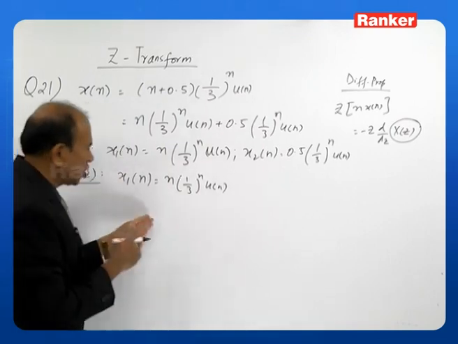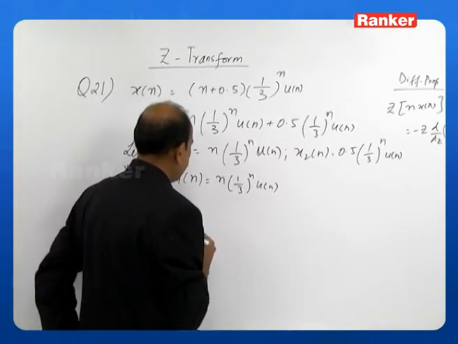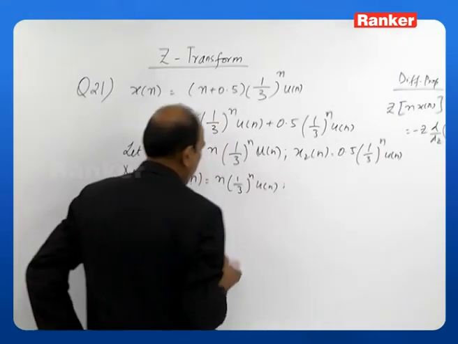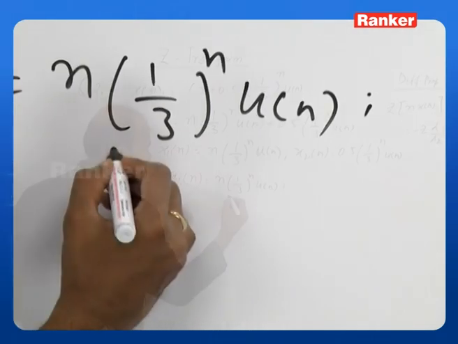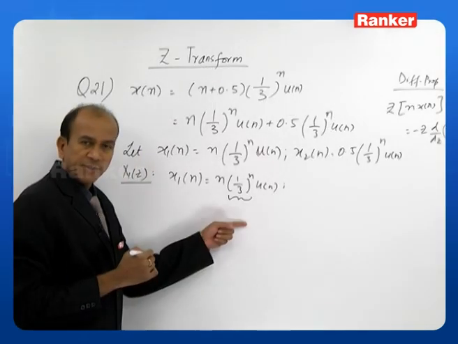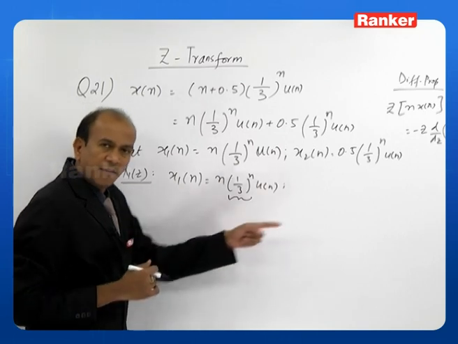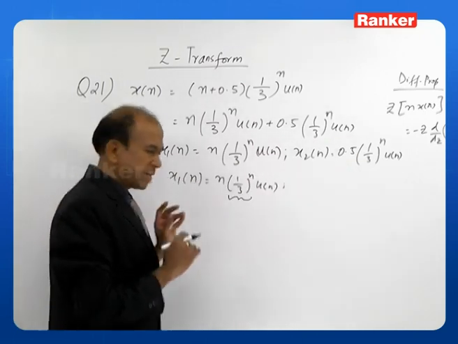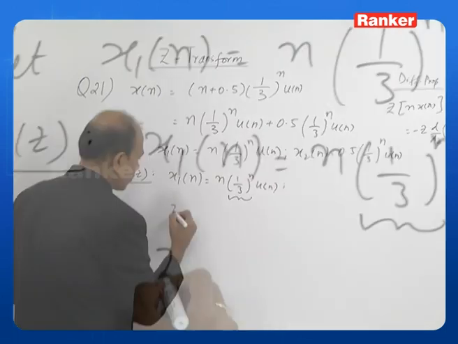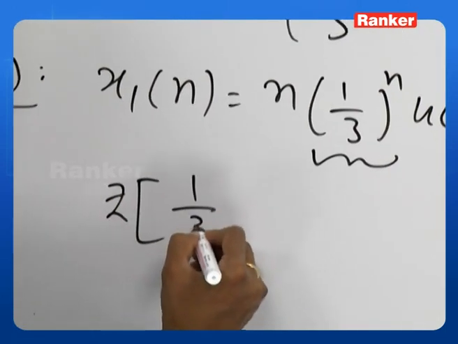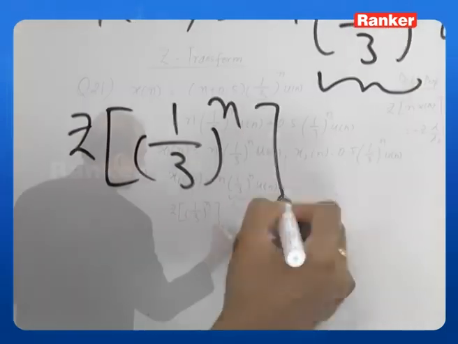So let us break this into two now. First of all, let us find the z transform for this, and then we'll use that formula. Let us say the z transform of (1/3)^n.